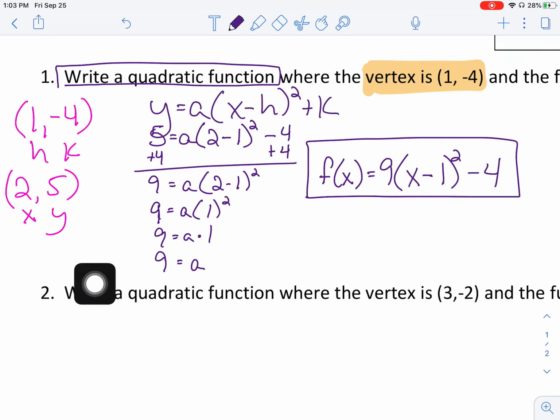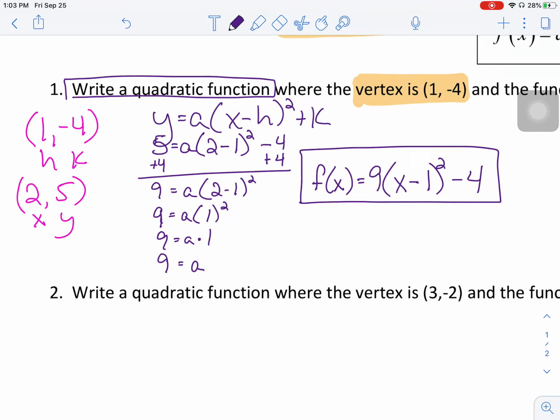So we replace the specific a value for the problem and the vertex values, but leave x and f of x, or x and y, to represent the fact that this is the whole curve. It's not just one specific point on the parabola.